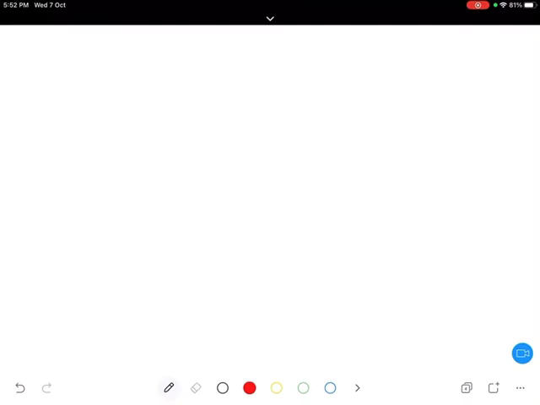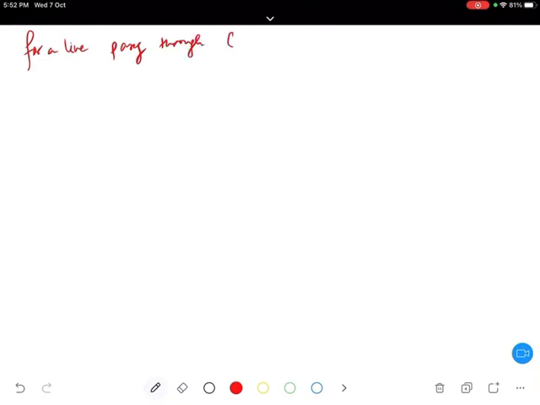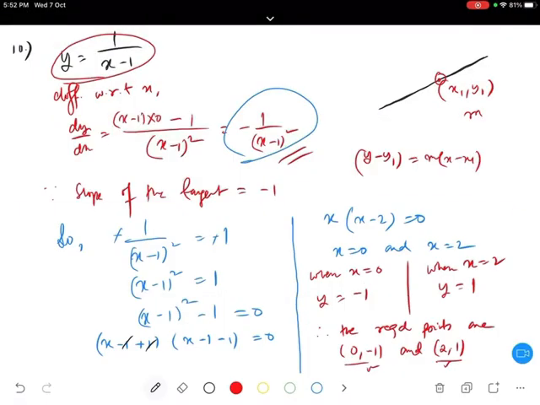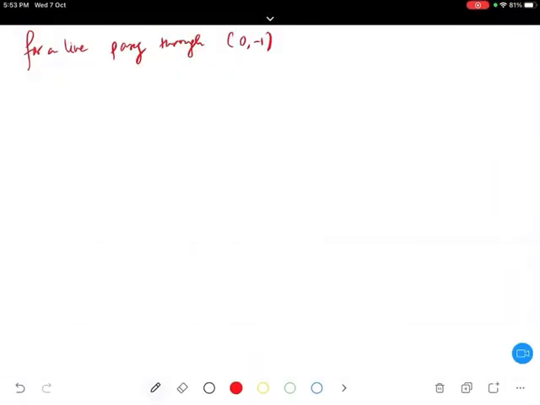So for a line passing through, let's write the first point, that is 0 comma minus 1, right? For a line passing through 0 comma minus 1 and slope equal to minus 1, we have to find the equation of this line.